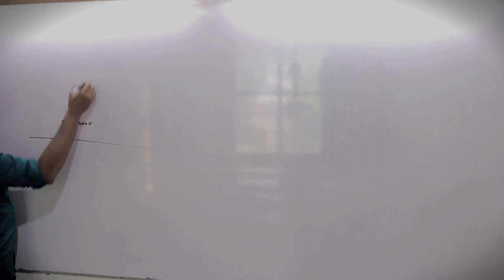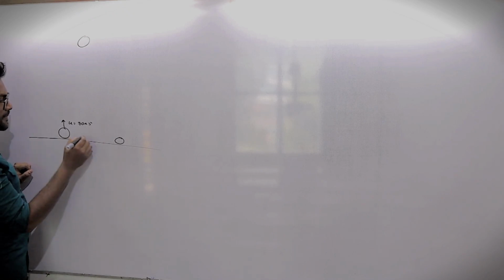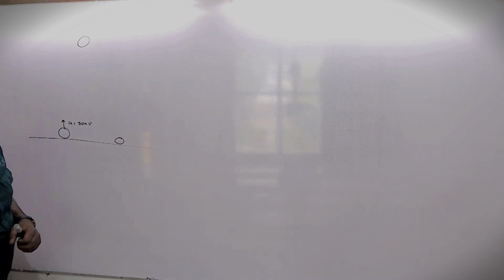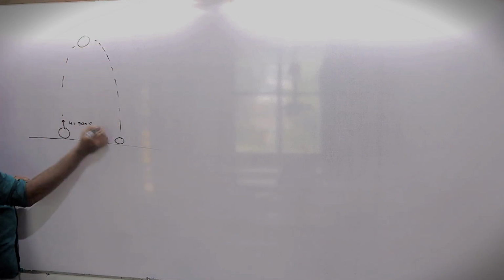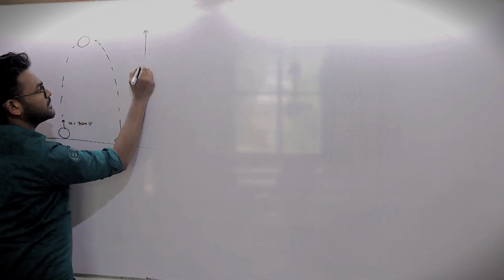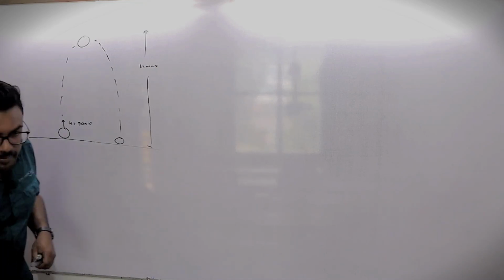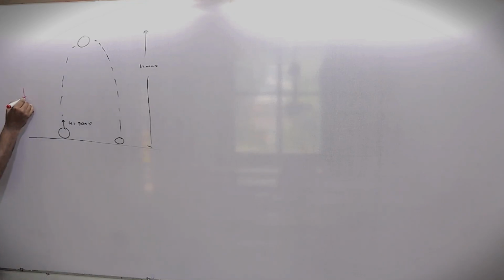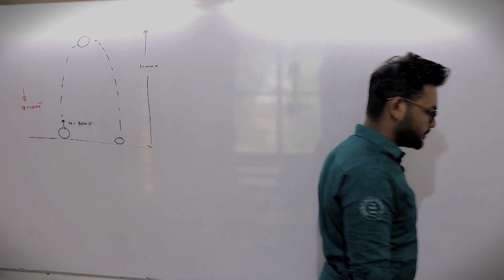You can just mark here u equals 70 meters per second, and somewhere the h max, and somewhere reaching back ground. It's like that, right? And show the motion. Then write the data for the considered motion.